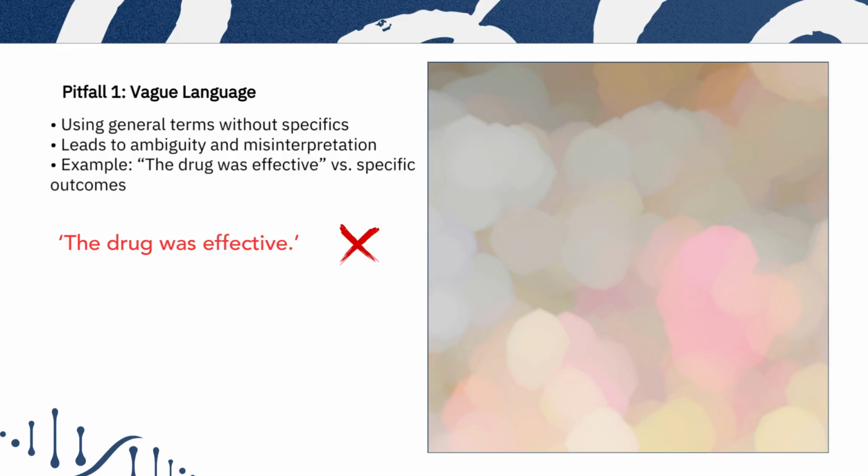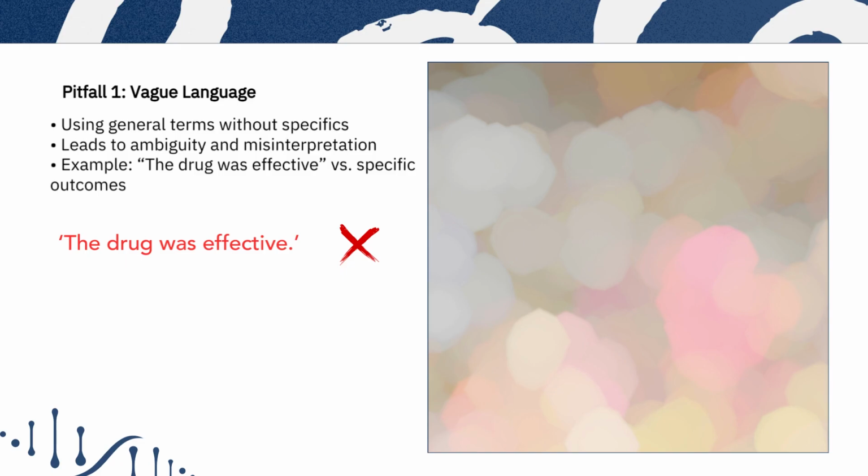This happens all the time in internal reports, regulatory submissions, even in abstracts. And here's the risk. When your writing is vague, every reader fills in the blanks differently. A regulator might interpret it one way, a payer another way, and your internal colleagues in yet another way. Instead of aligning understanding, vague language creates confusion.